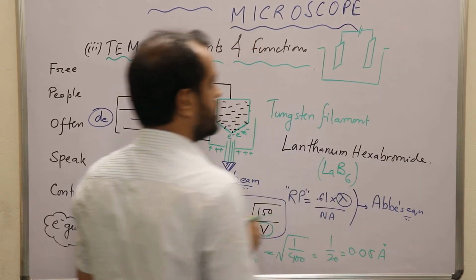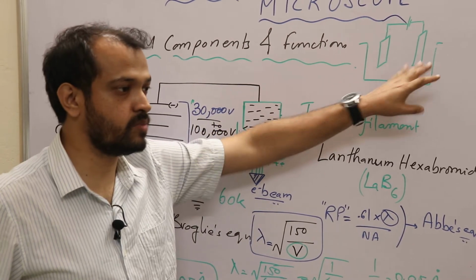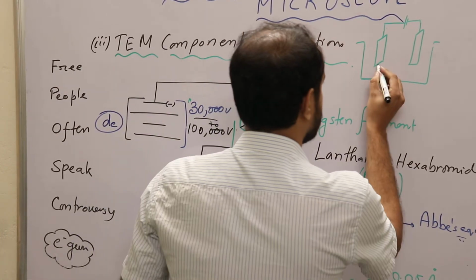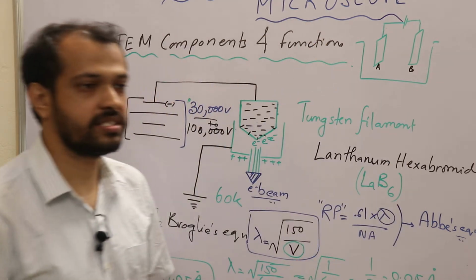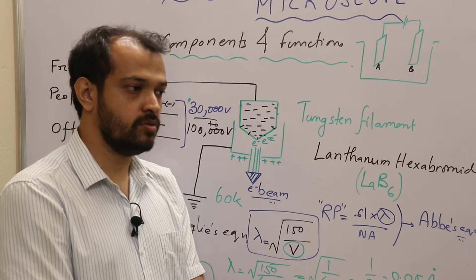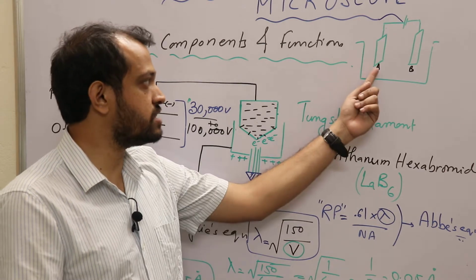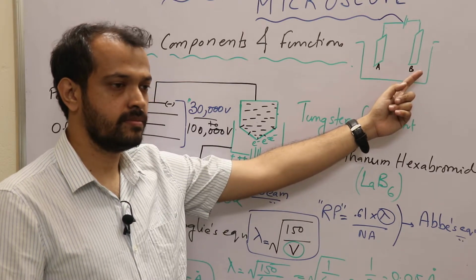And if I draw like this, now just utilizing your knowledge and this diagram, tell me, suppose this is electrode A, this is electrode B. Now tell me which one is cathode, which one is anode. Electrode A or electrode B, which one is cathode?